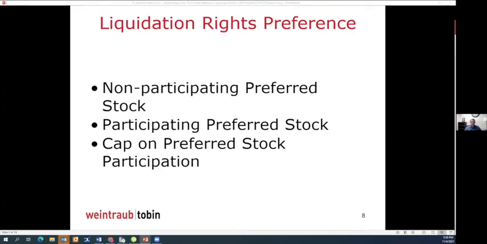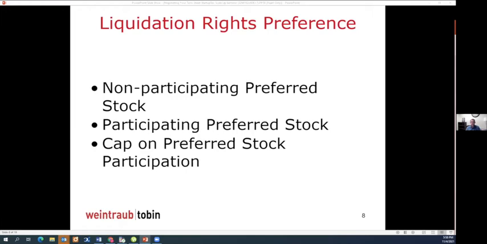All right, so we're getting into a little more technical terminology here. So we've got liquidation rights preferences. We've got non-participating preferred stock, participating, and then a cap on preferred stock participation. So the general concept here is, on a liquidation of the company, what is the preferred stock going to do?